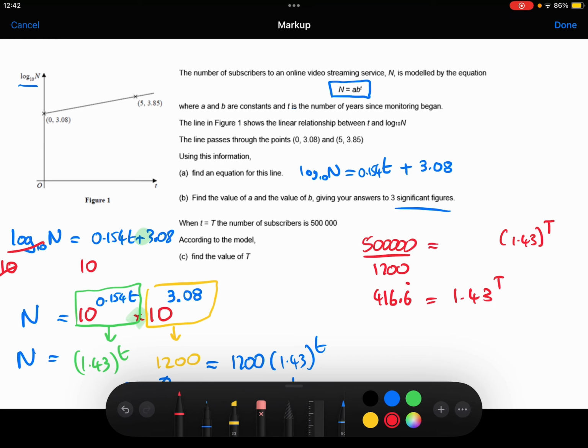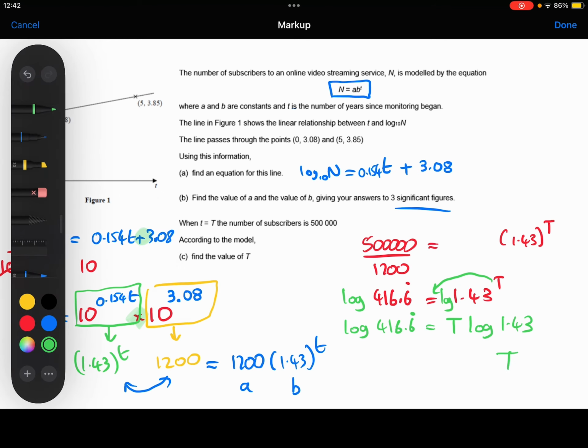Now I'm going to take logarithms of both sides so that I can bring the T down. And divide both sides by the log 1.43.